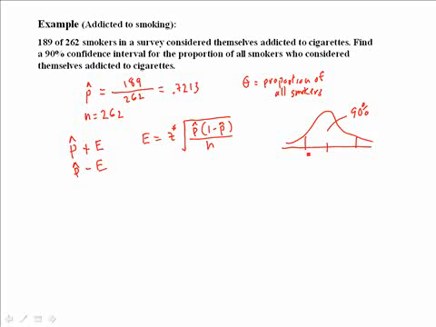I'm interested in the cutoffs right here that would give me 90% in the middle. That means if there's 90% in the middle, then what percent is in each tail? I have to split it up: 5% over here, and 5% over here as well.